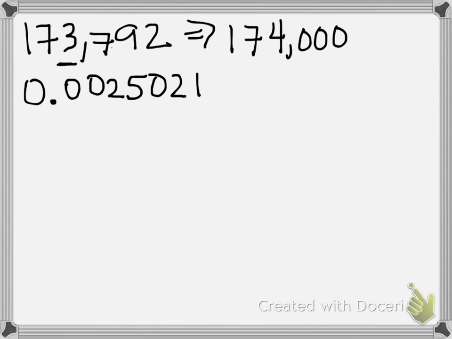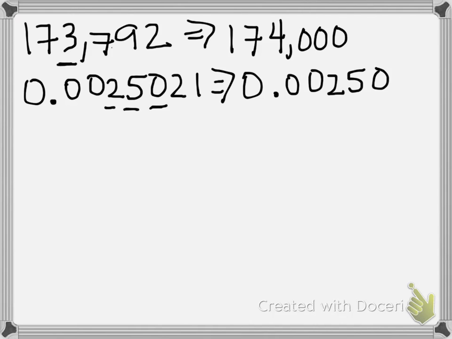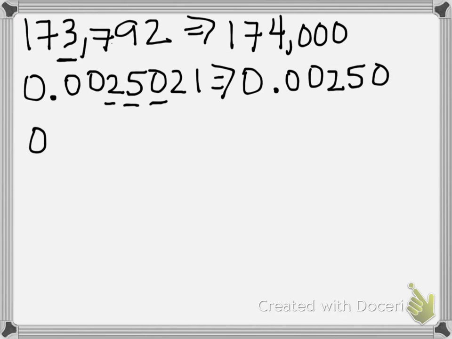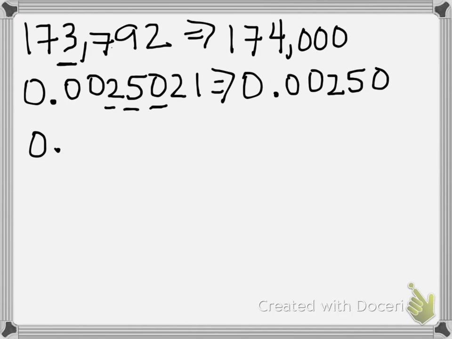Letter B, okay. Here's 1, here's 2. This is going to be our third significant digit. This is a 2, so this becomes 0.00250. Letter C, 0.000392.